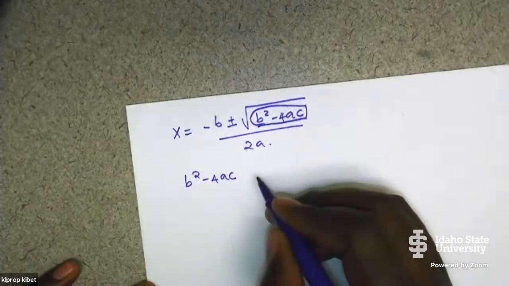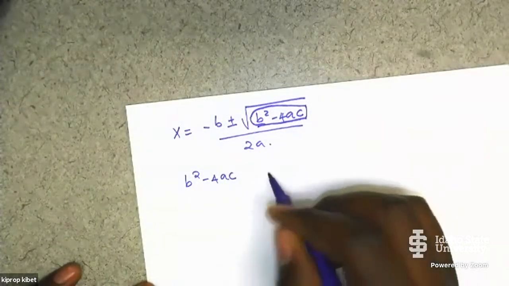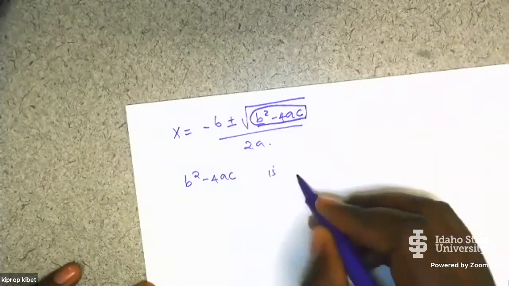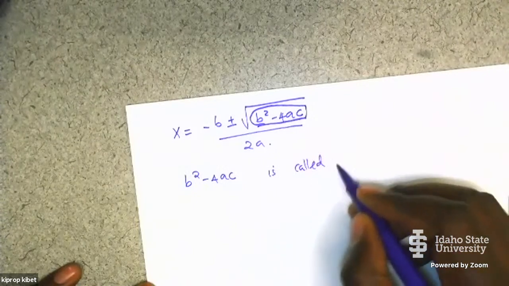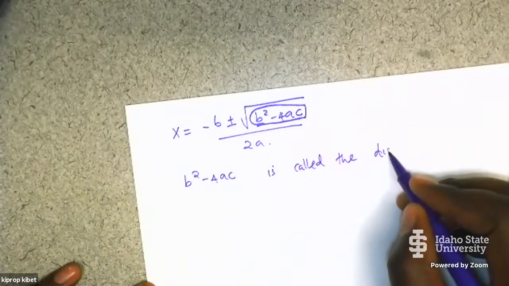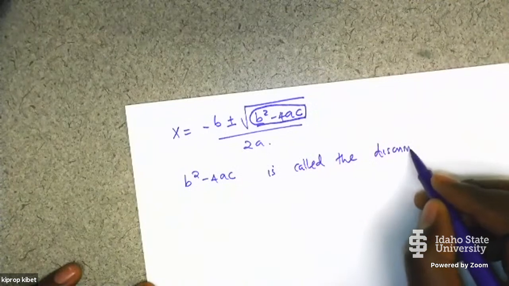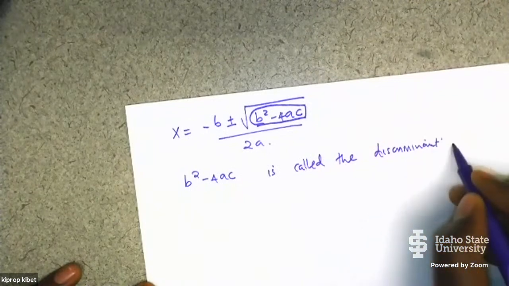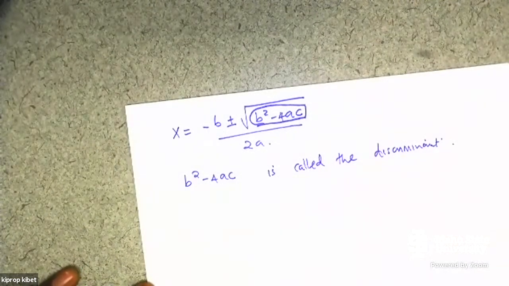So this b squared minus 4ac is called the discriminant.